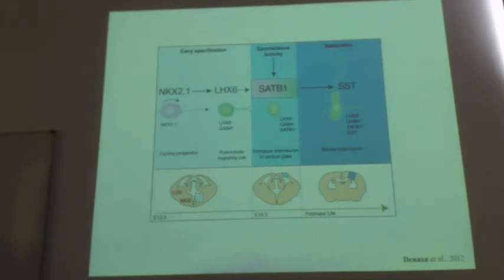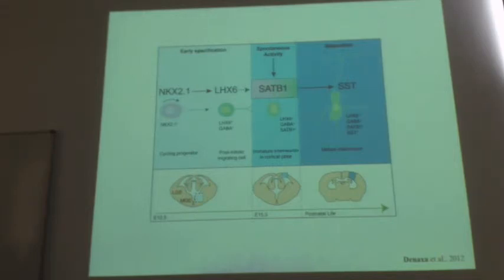So, for example, in order to respond to the ambient GABA or glutamate, which anyhow exist, these immature neurons also need to have an increased number of GABA receptors or different subunits of GABA receptors, and we don't know how this is controlled.